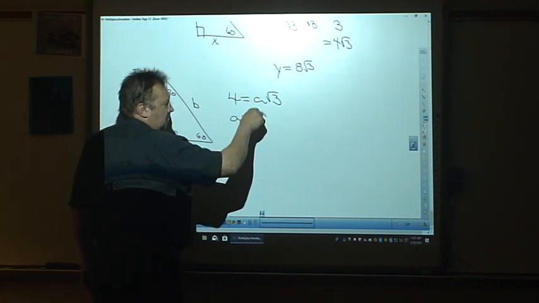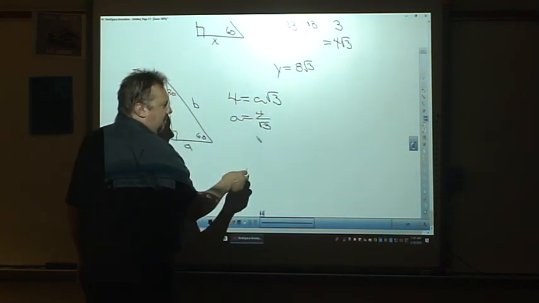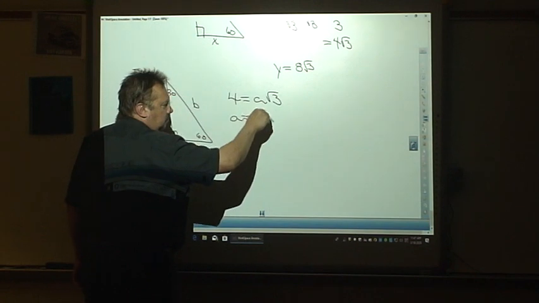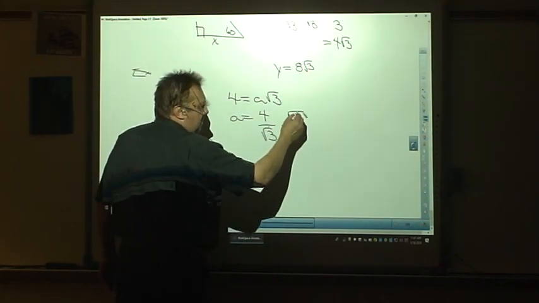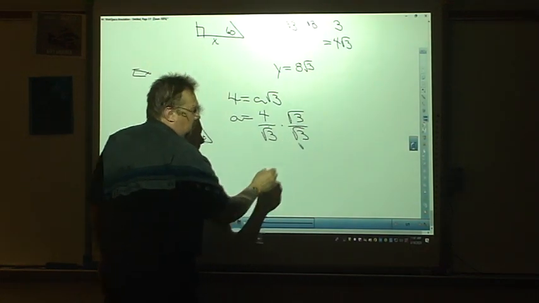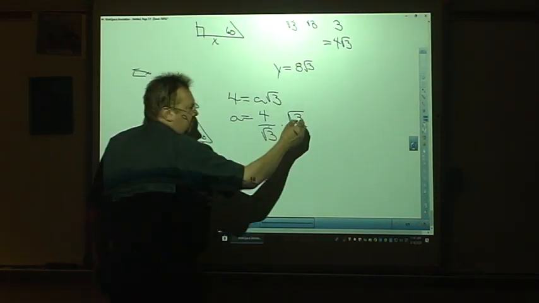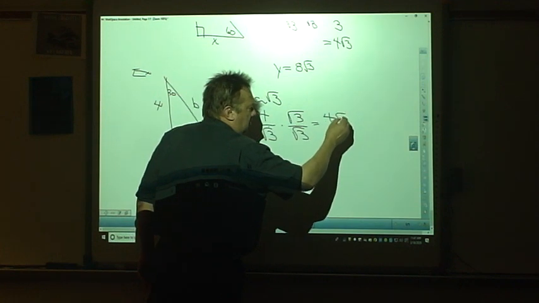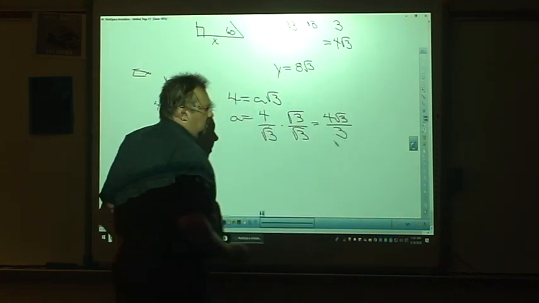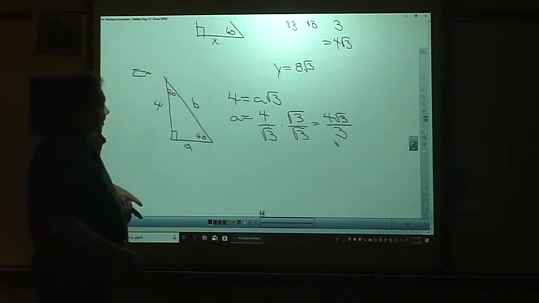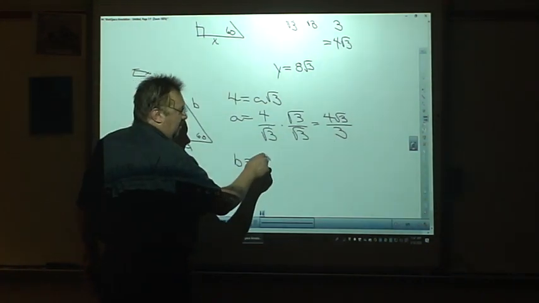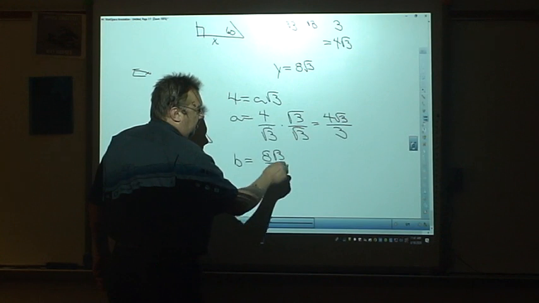Divide: 4 divided by the square root of 3. Don't want the radical at the bottom. Multiply the top and the bottom. Square root of 3 times square root of 3 is 9, which is 3. I can't do anything else with that. Hypotenuse is whatever that is times 2, 8 square root of 3 over 3.